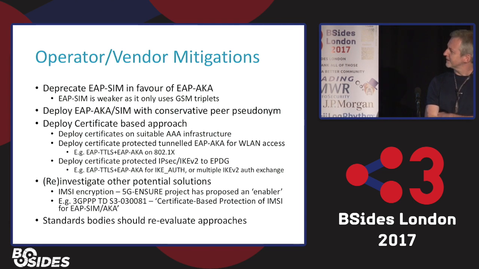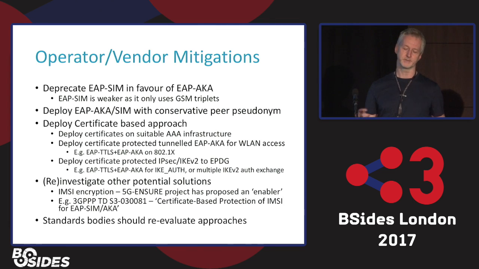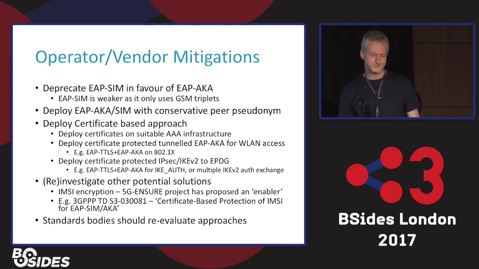But the catch for some of these is that they will increase the round trip times, and there'll be additional round trip times for the security protocol exchange to happen, which then has impacts on latency in terms of how fast your phone connects to the Wi-Fi or to the Wi-Fi calling services.